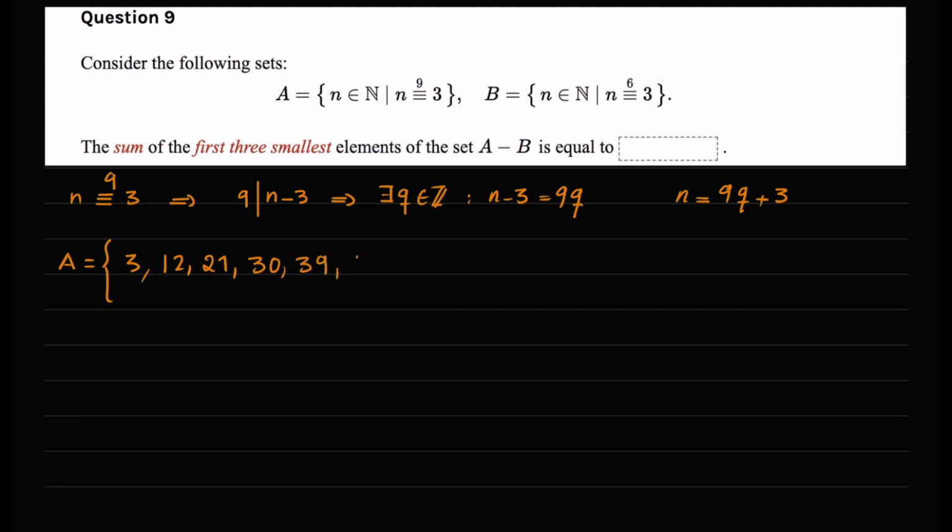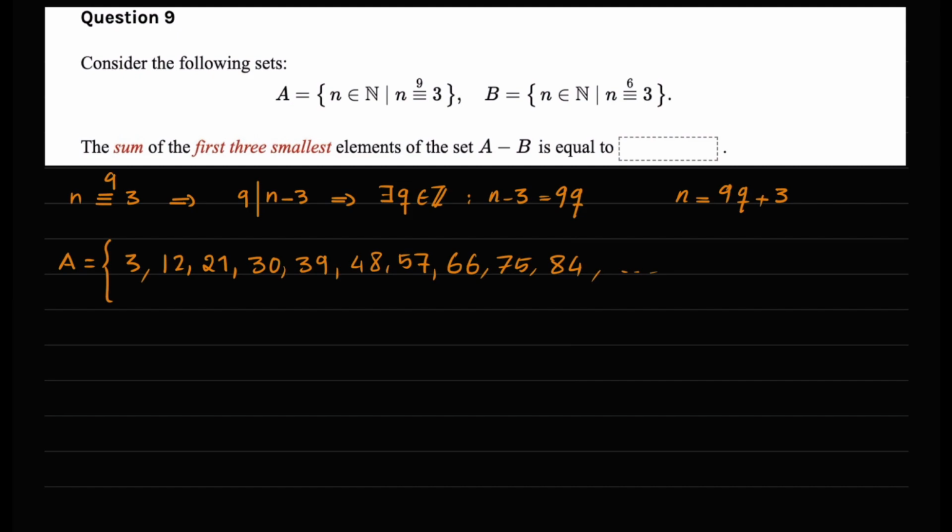Let us write some of them: 48, 57, and then 65. Yes, am I right? Every time I have to add 9 units. Let me double check. Yes, so this is not 65, this is 66, 9 units, and then 75, and then 84, and this list, of course, goes on forever. Let us keep it open to see how many of them I need.